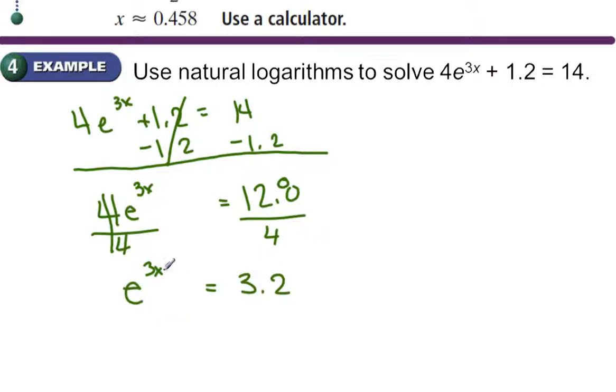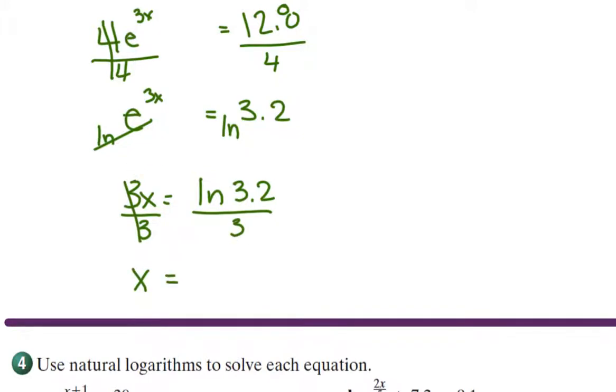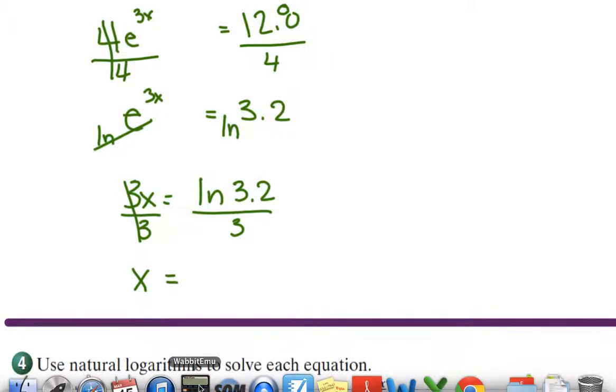Now, to get to that x, we're going to have to do the inverse operation of that e. So we're going to take the natural log of both sides. These cancel, and this leaves us with 3x equals natural log of 3.2. Divide both sides by 3, and we have our final answer. Let's go ahead and take a look at the calculator.